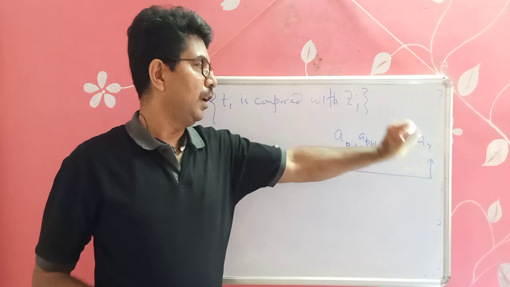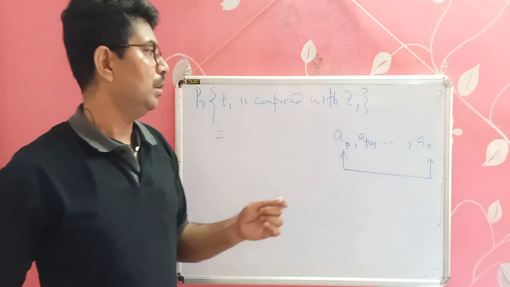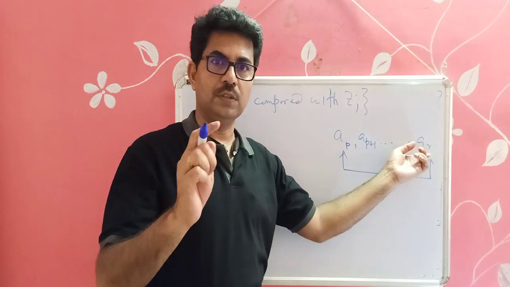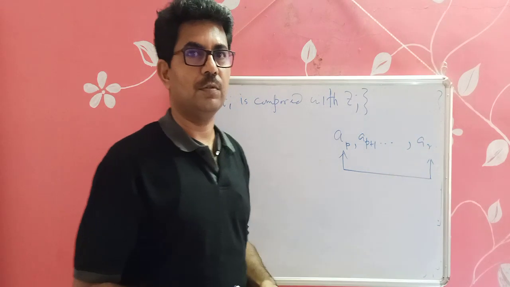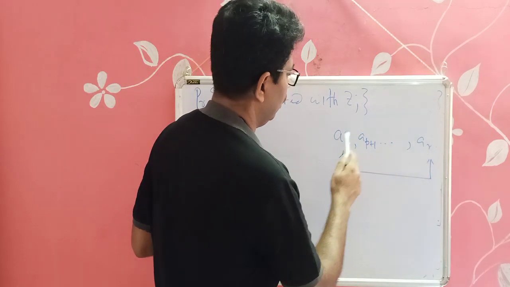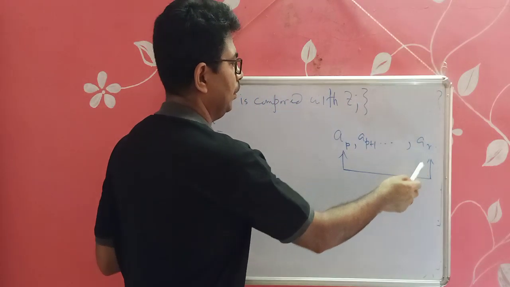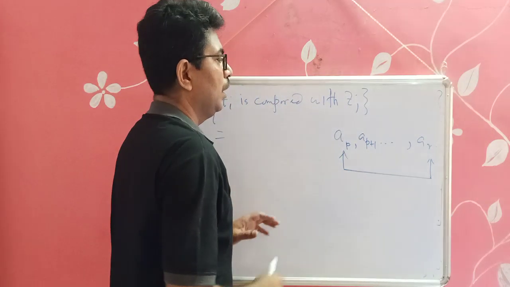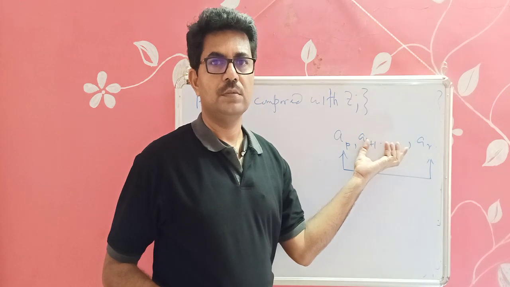Clear? Now the question is how many times? It will be compared only once in the lifetime of the execution of quicksort. Why? See, if either Ar or Ap is the pivot element, let Ar be the pivot element, and obviously it will be compared with Ap once. Then after that, Ar will be placed in its proper position.